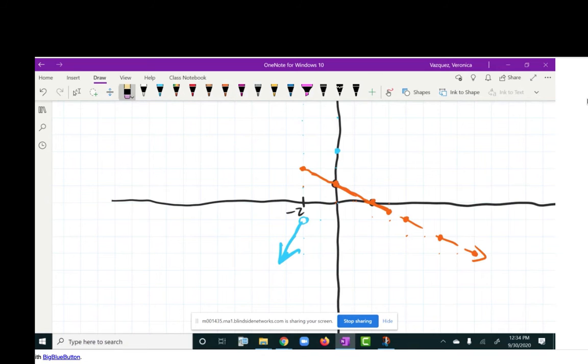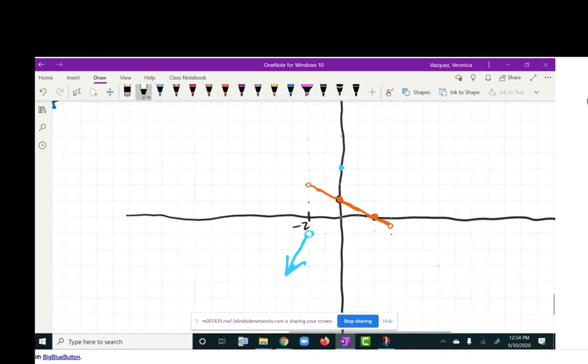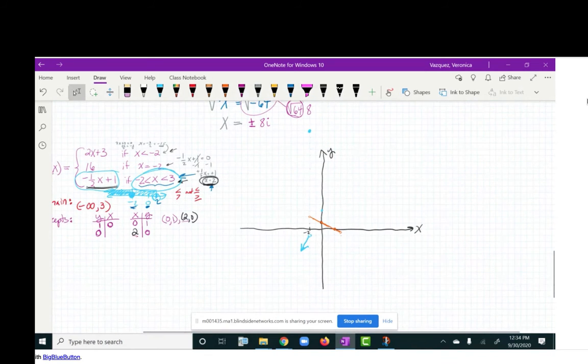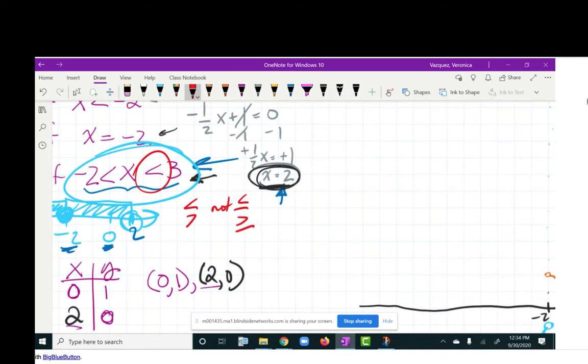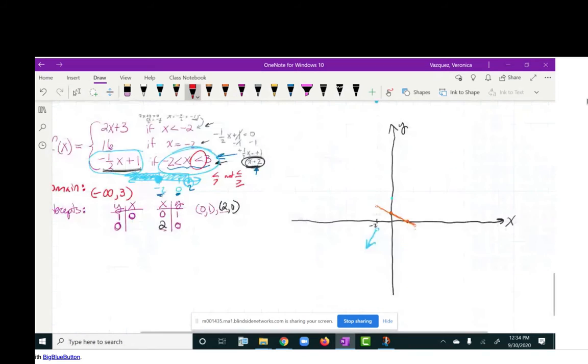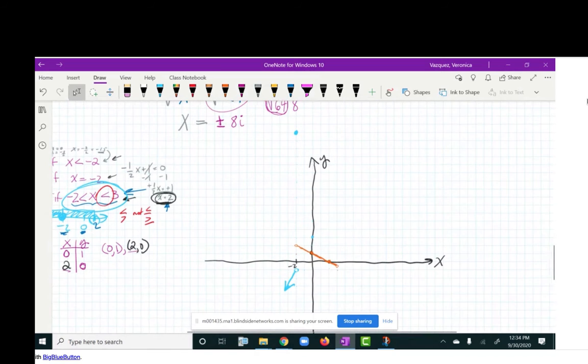So I'm going to erase everything else, and make sure that this is a hollow point, and this one is hollow too. And it's hollow there because of this less than sign. It's not less than or equal to. Okay, so there it is. That's my function. I've got that little blue piece and that little straight orange piece, and then this point way above it.